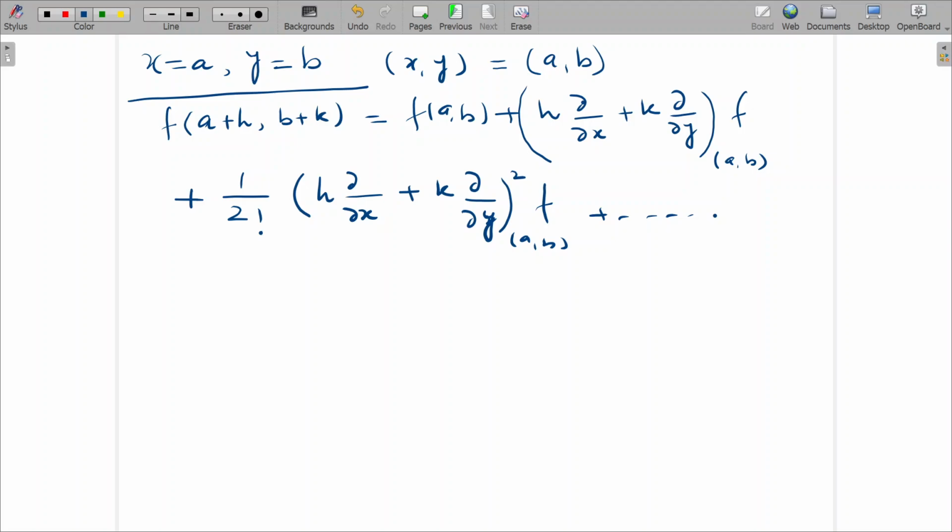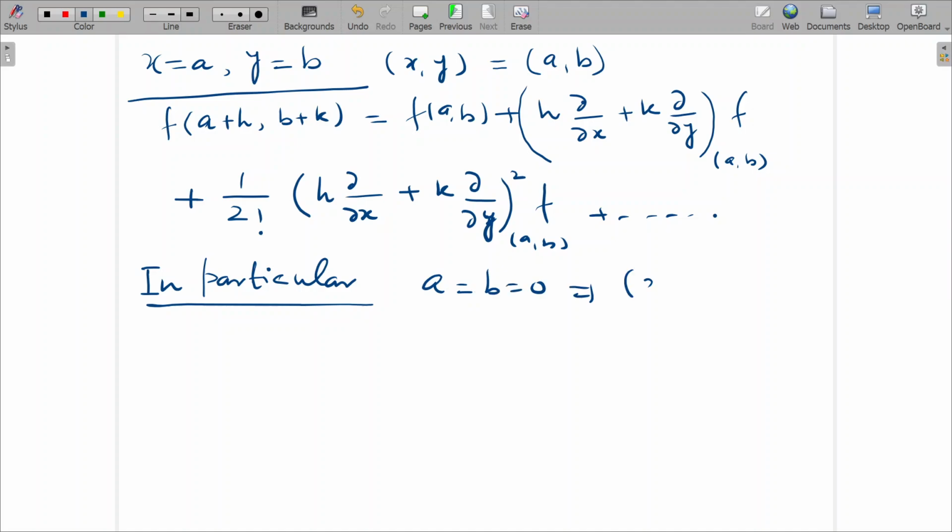Now in particular, we can put a equals b equals 0. What we are doing here is considering this point (a,b) as (0,0).